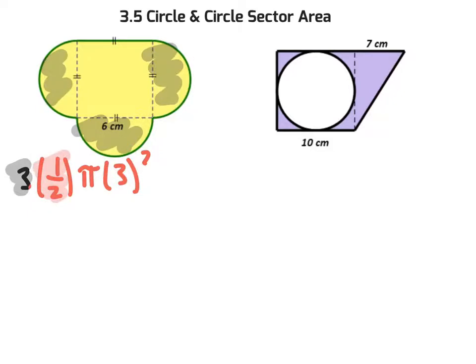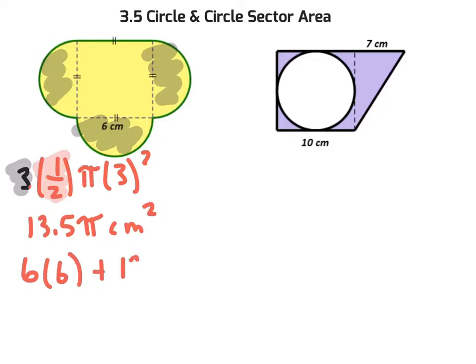And that will turn out to be quite nice, actually, won't that? That'll be, I think, 13.5 pi centimeters squared. And then it's just a square, isn't it? Which is just 6 times 6 plus the 13.5 pi.